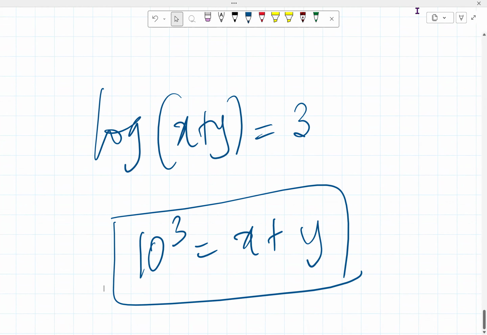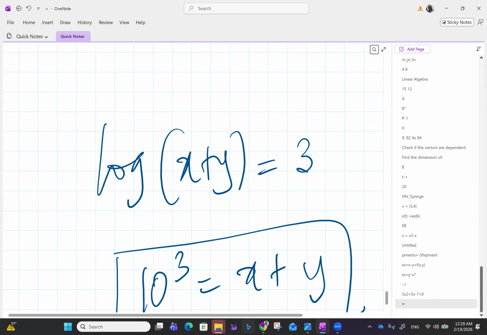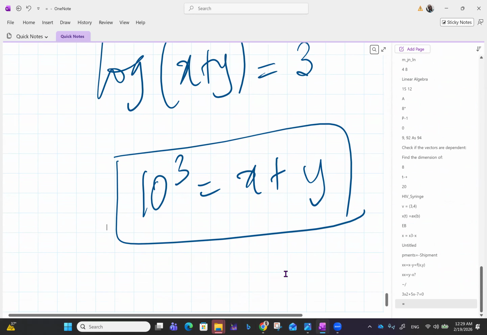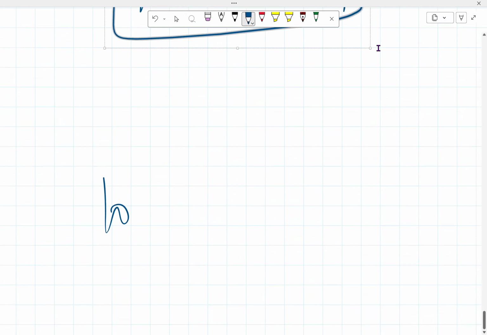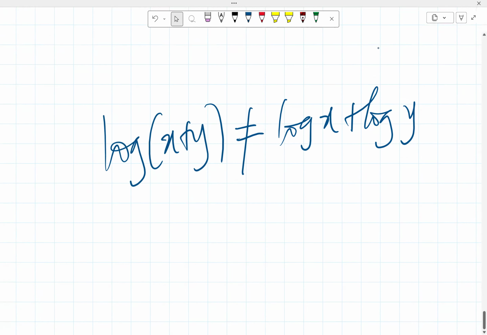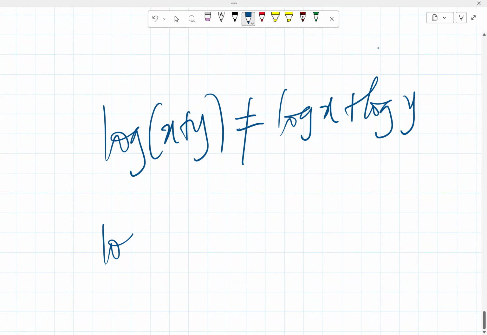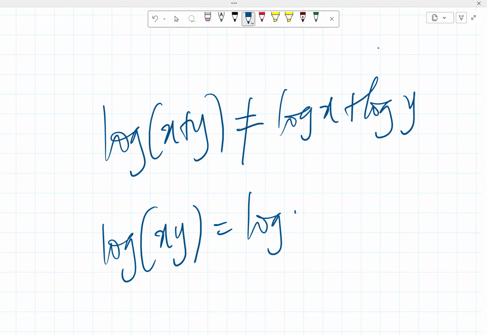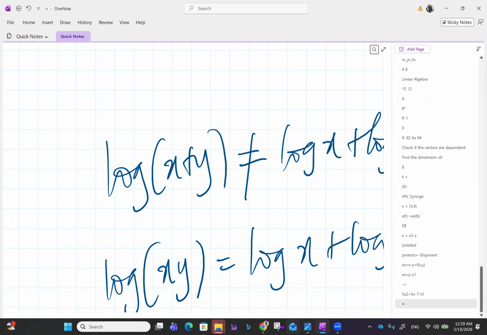So log of x plus y is not the same thing as log x plus log y. The only thing that is log x plus log y is log of x times y. So there are two different things. Pay attention to that so you don't make that common mistake.